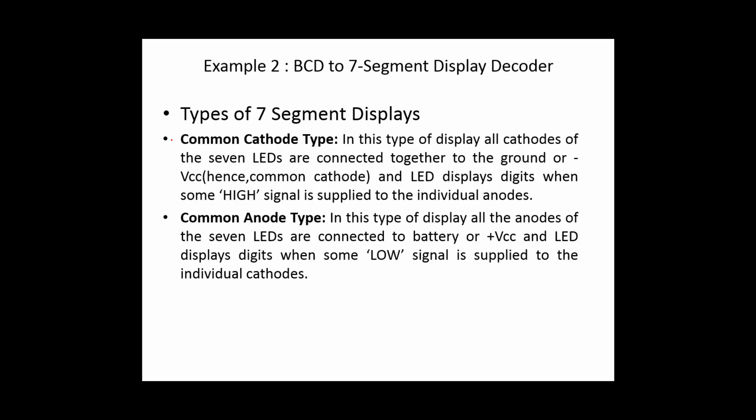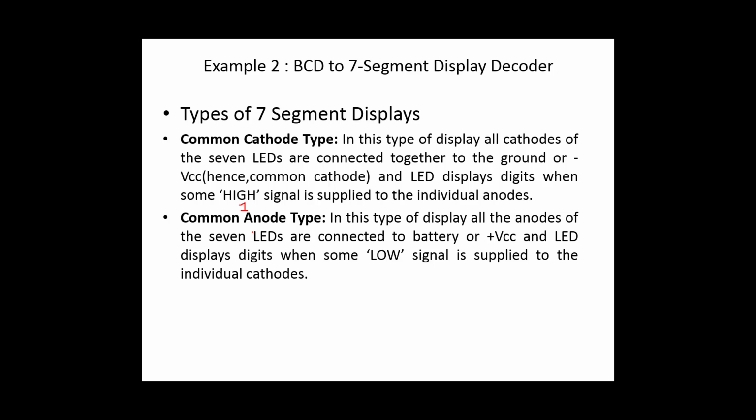7-segment displays are of 2 types. One is called the common cathode type. In this type of display, all cathodes of the 7 LEDs are connected together to the ground or negative, and the LED displays digits when some binary 1 or logic high signal is supplied to the individual anode.